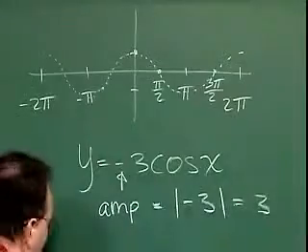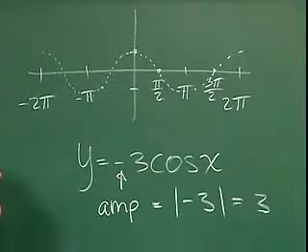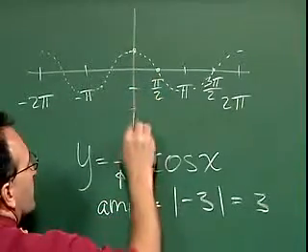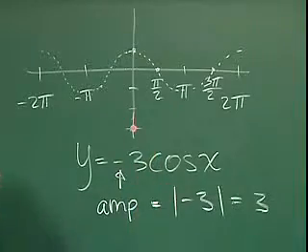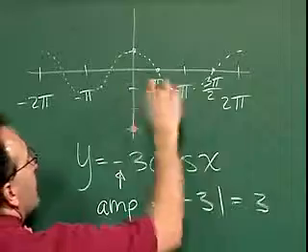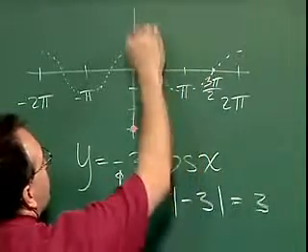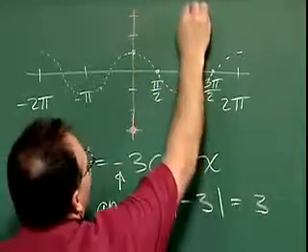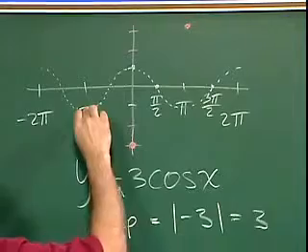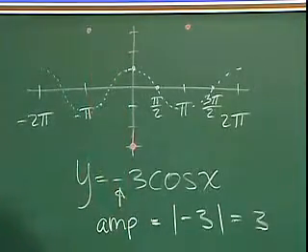So the graph, instead of, first of all, going to a height of 1, it goes to a height of 3, but in this case, it would actually start down at -3. And this value of -1 would be reflected over the x-axis, but in addition, it goes up to a height of 3. This value would get reflected up to a height of +3.